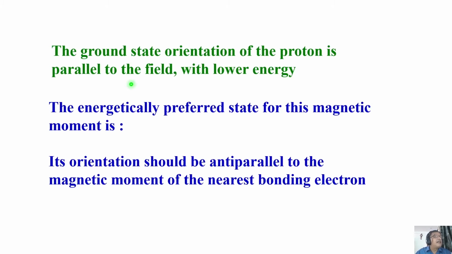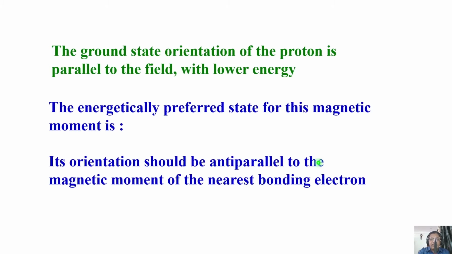Now, I am considering a nuclear spin, a proton coupled to carbon with a sigma bond where there are two electrons. The energetically preferred state for this magnetic moment is that its orientation should be anti-parallel to the magnetic moment of the nearest bonding electron. Please understand this statement. The orientation of this proton, now I am considering the proton with the ground state orientation parallel to the field. That is the lowest energy configuration.